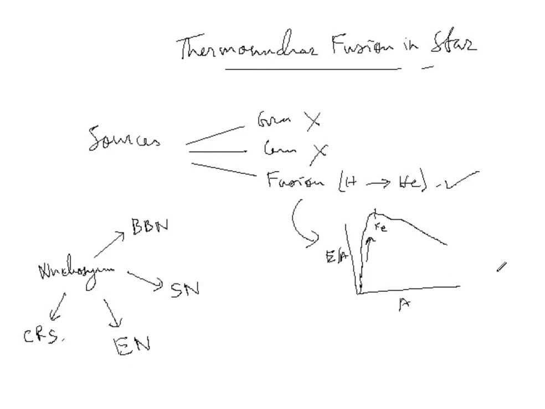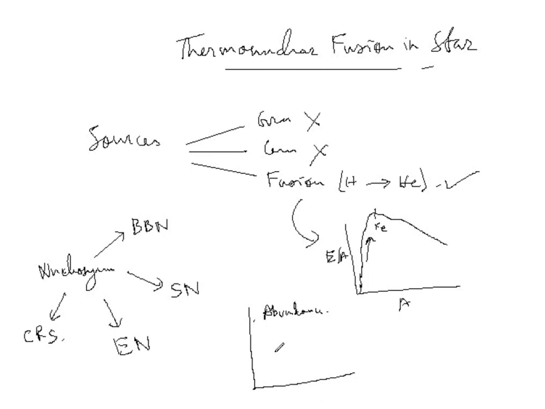Yes, and after this we talked about the very important topic of abundance. So basically, why is gold costly? And there also the abundance plot was logarithmic, and basically the nature is something like this.